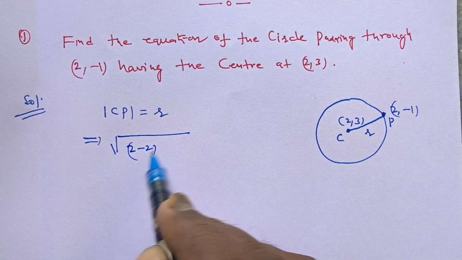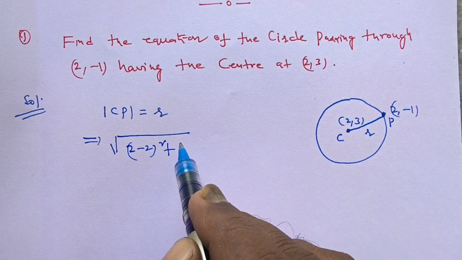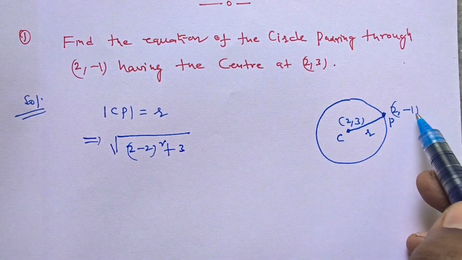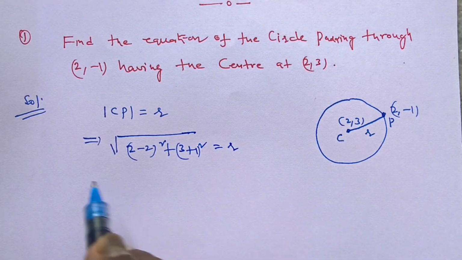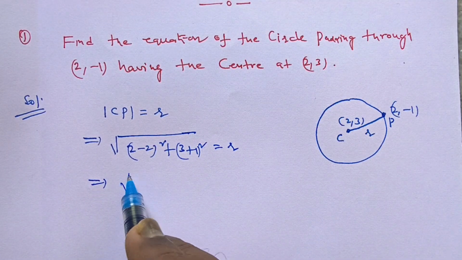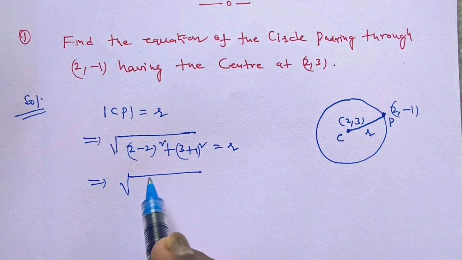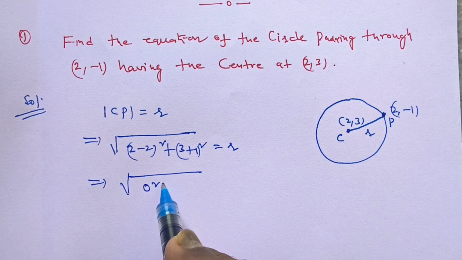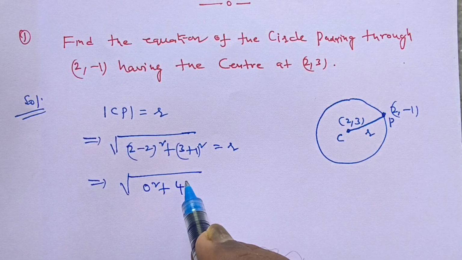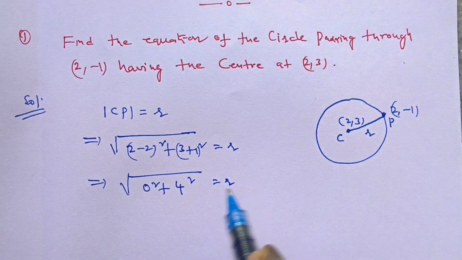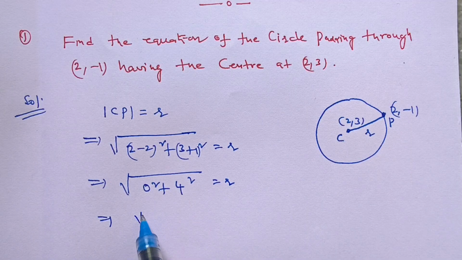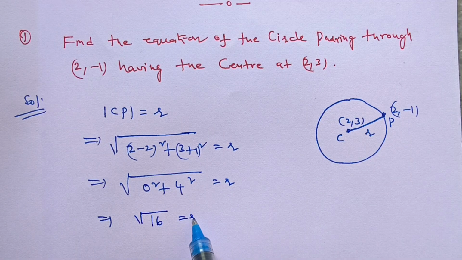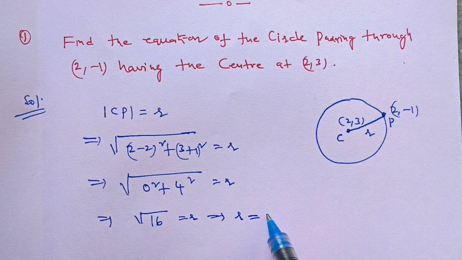So (2 minus 2) whole square plus (3 minus of minus 1, plus 1) whole square is equal to R. So simplifying this, (2 minus 2) whole square means 0 square plus 4 square is equals to R. So 0 square means 0, 4 square means root over 16 is equals to R. From this radius R equals to 4.